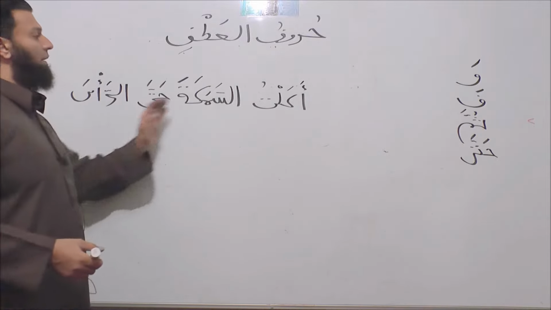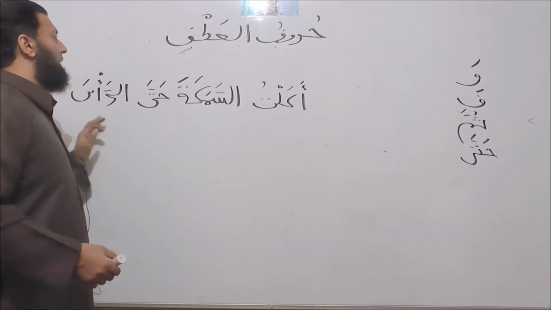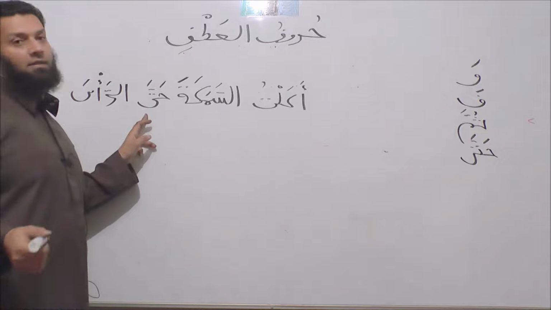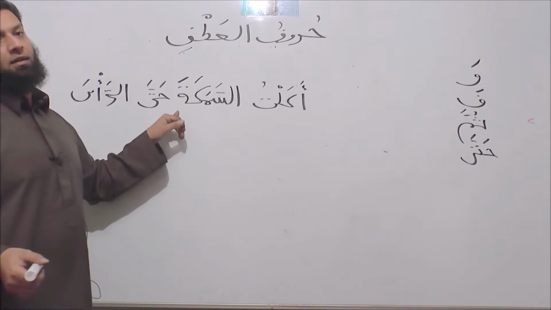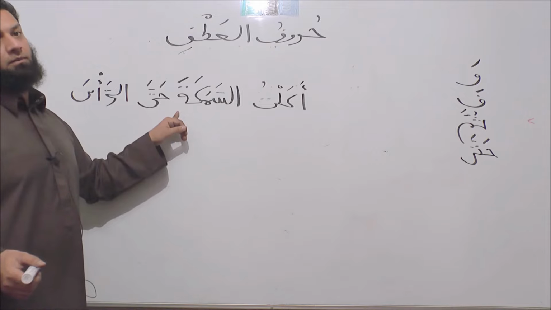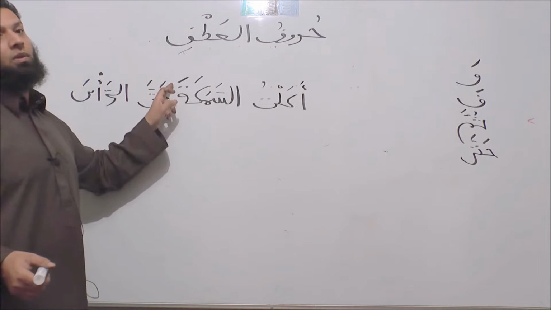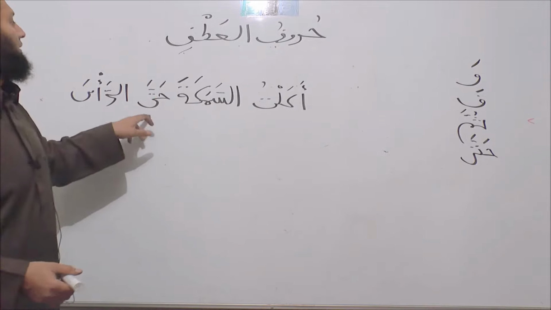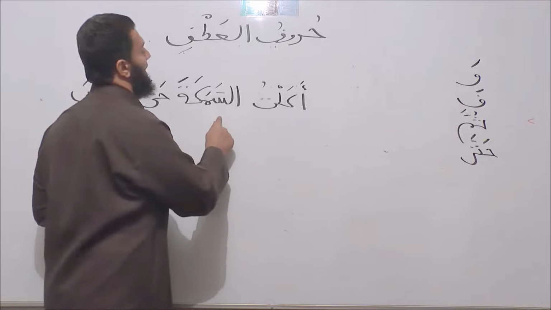But akaltu as-samakata hatta ra'sa, hatta here is min huruf al-atfi. As-samakata is maf'ulun bihi mansubun wa alamati nasbihi al-fatha al-dhahira على آخره. حتى is حروف العطف. الرأس is المعطوف على المنصوب.